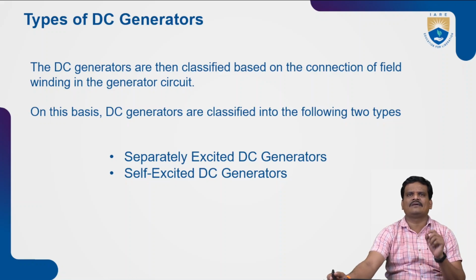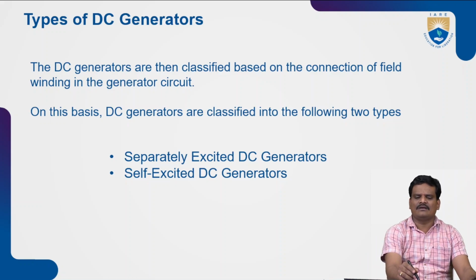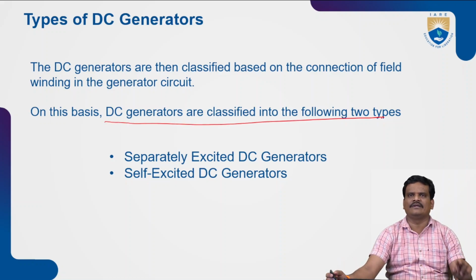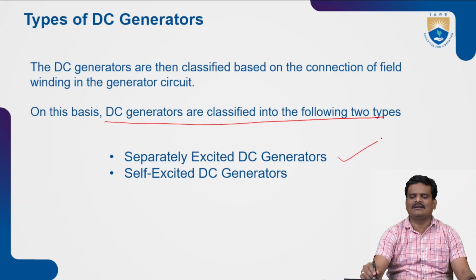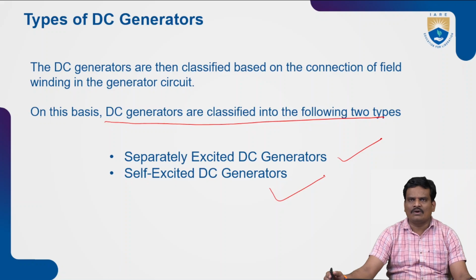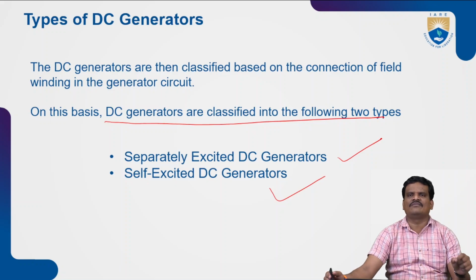Depending upon the connection of that particular field winding with respect to the generator circuit, this classification of DC generators has been done. Depending upon the connection of the field winding, DC generators are majorly classified into two types.